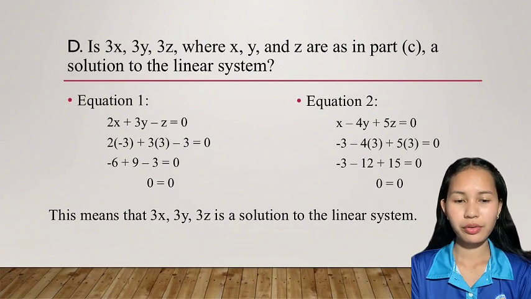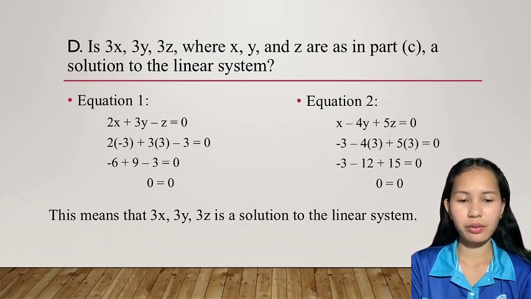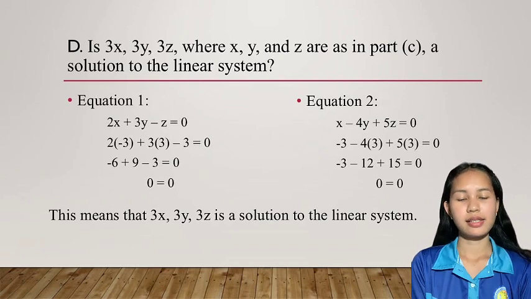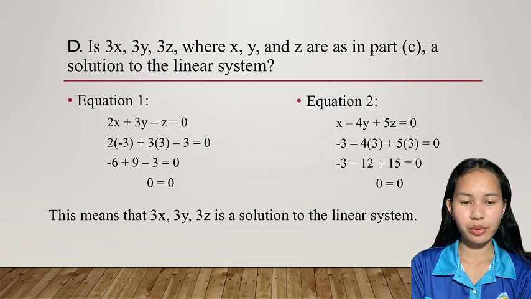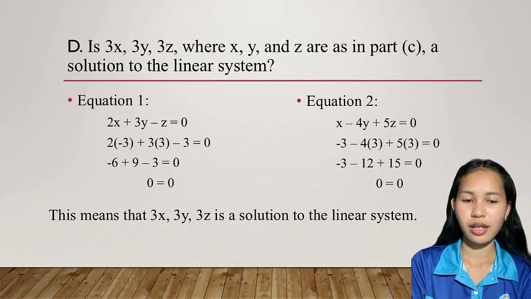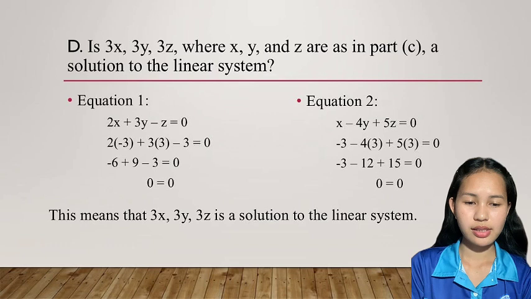Now let's verify if it is true for the second equation. So x minus 4y plus 5z equals 0. Again, let us substitute the values of our x, y, and z. So our x is negative 3, minus 4 times 3, which is the value of our y, plus 5 times 3, which is also the value of our z, equals 0.